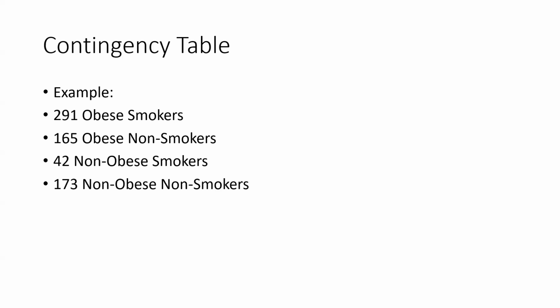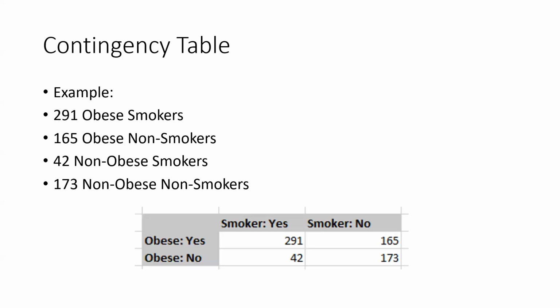If we were to put these into a contingency table, the data presentation matrix would resemble that which is below. Here we have binary categorization. There were 291 obese smokers, 165 obese non-smokers, 42 non-obese smokers, and 173 non-obese non-smokers.